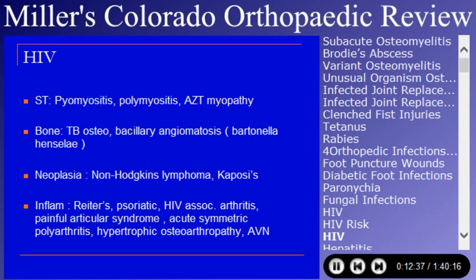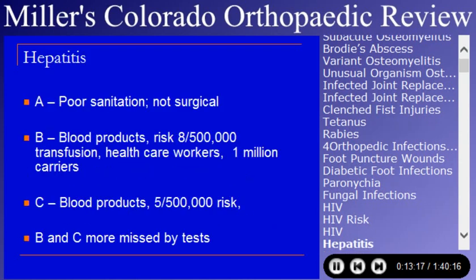They can get osteomyelitis, bacillary angiomatosis associated with Bartonella, non-Hodgkin's lymphomas, and Kaposi's sarcomas, y'all are well aware of, I'm sure. And there are a number of inflammatory arthritic conditions associated with HIV and AIDS that I'm not sure is something that will be specifically asked, like telling the difference between HIV-associated arthritis and acute symmetric polyarthritis, but I would think it would be reasonably fair to ask about joint inflammation.